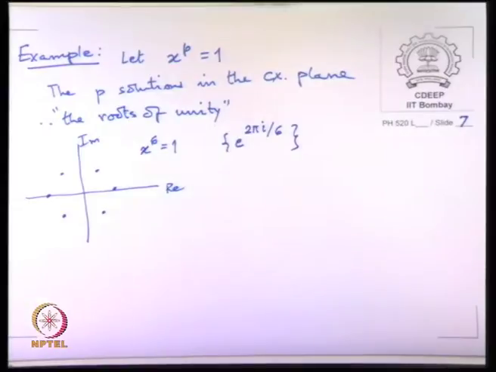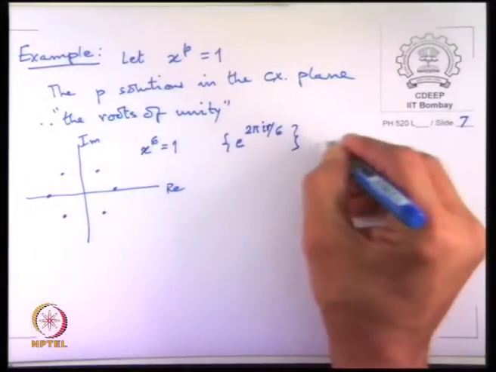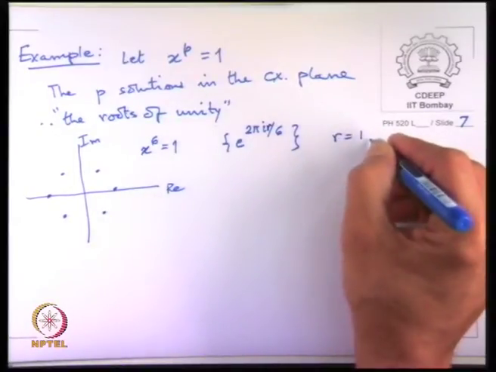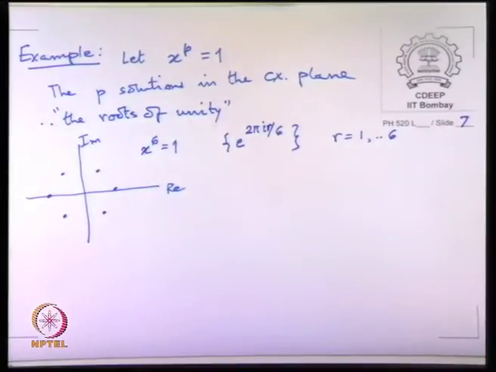This list of elements constitutes this group, and clearly this is a cyclic group, with r equal to 1 to 6. So this set, this list of elements, is a group.